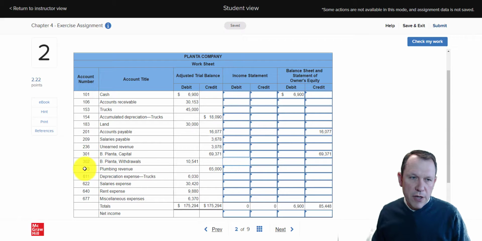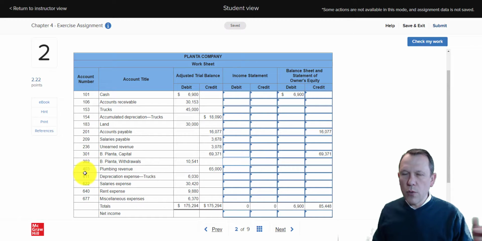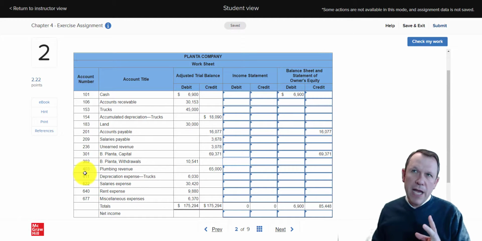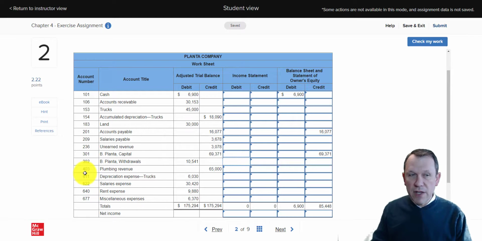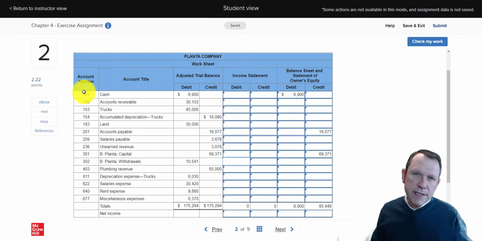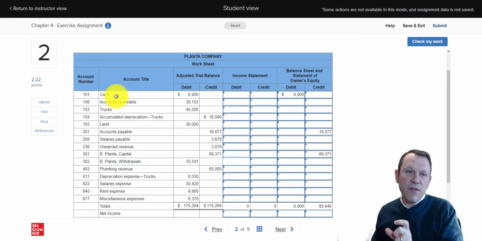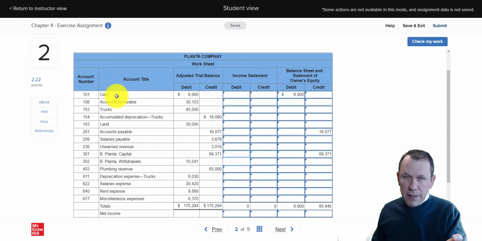Revenue, as soon as we get down here on the 400s, the revenues, really the numbering on this depends on how you set it up for your company specifically. The account numbers are used in an accounting system to help you understand the order of the accounts, and also to have a specific number associated with a specific account title.